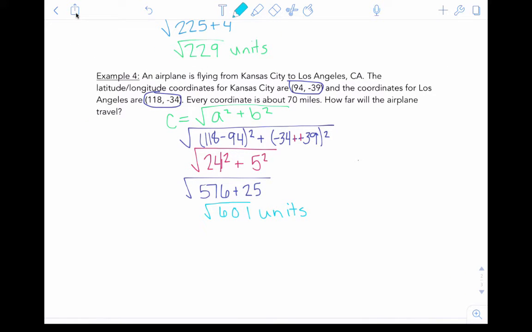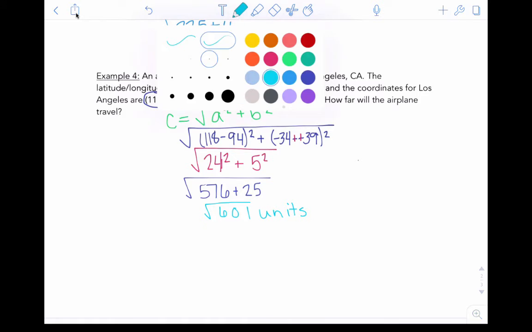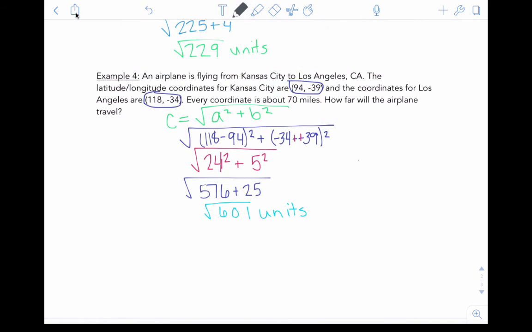We know that every coordinate is about 70 miles. So that's saying for every 1 unit, it's 70 miles. So if we're converting from units to miles, our number is going to be going up, which means we're going to multiply.